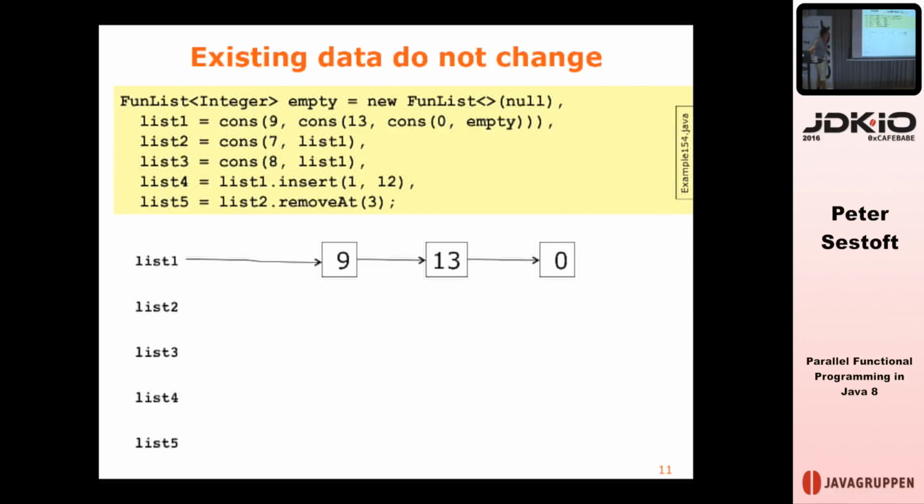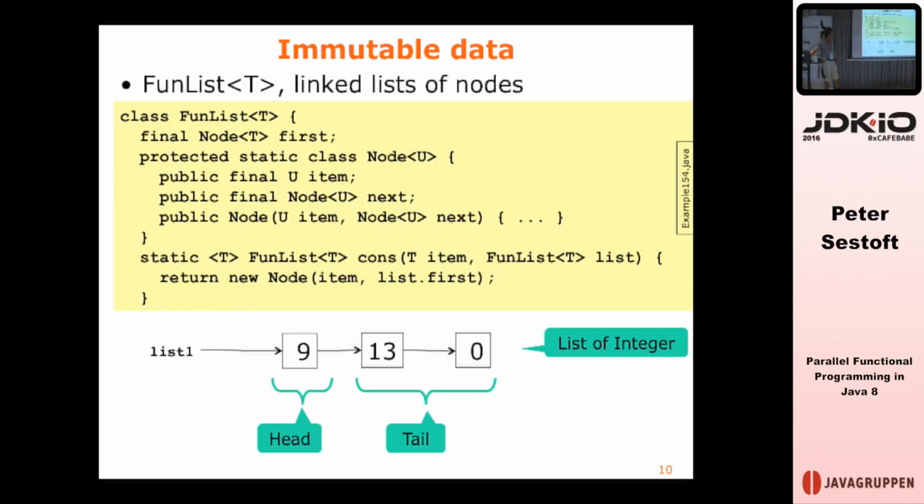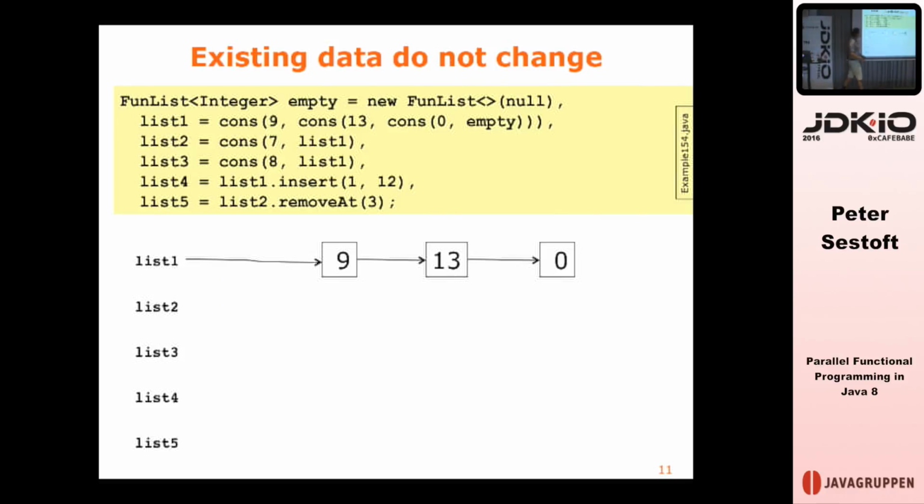So how do operations of this sort work? There's a small program with a number of variables, empty and list 1 to 5, of type fun list of integer. We start by creating a 3-element list where we put 9 in front of the result of putting 13 in front of the result of putting 0 in front of the empty list. Then we have this list in memory.